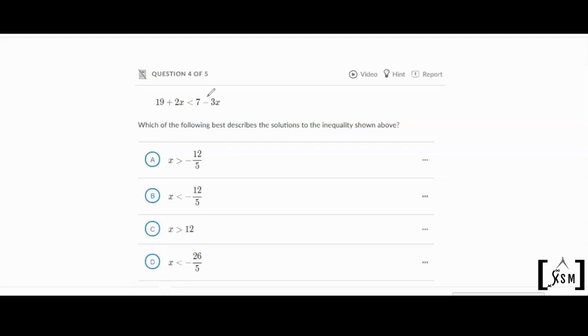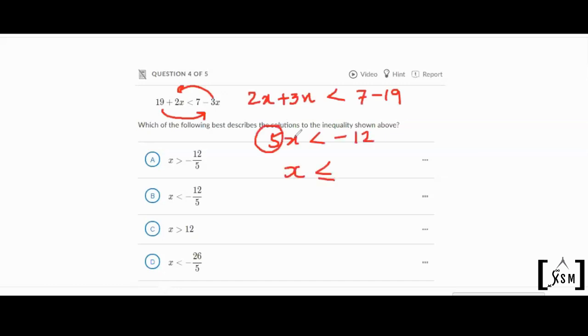So we get 5x is less than negative 12 and x is less than, this 5 will go to the other side in division. So it is negative 12 over 5. Remember, 5 is not a negative number. So inequality sign did not change. So the value of x is less than negative 12 over 5. Option B has to be the correct answer.